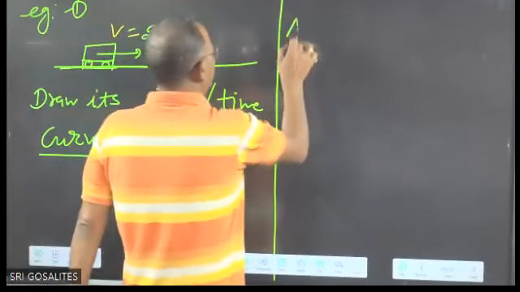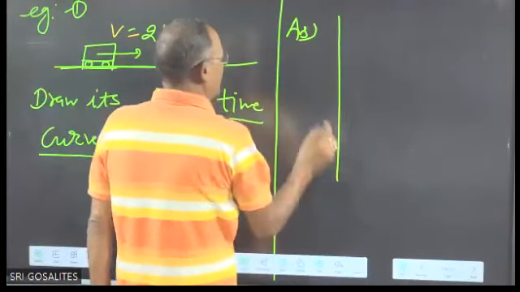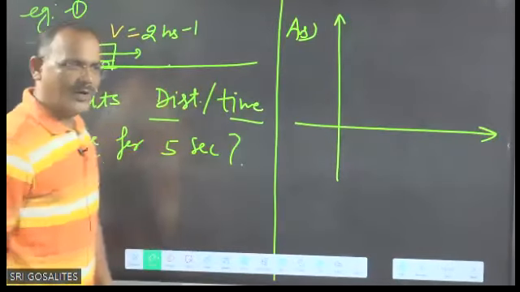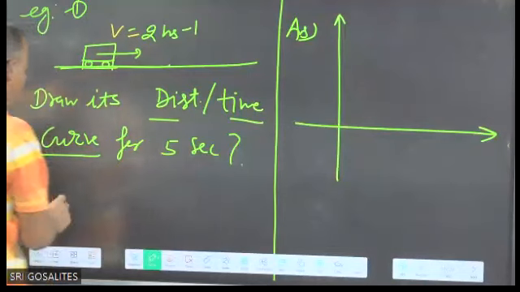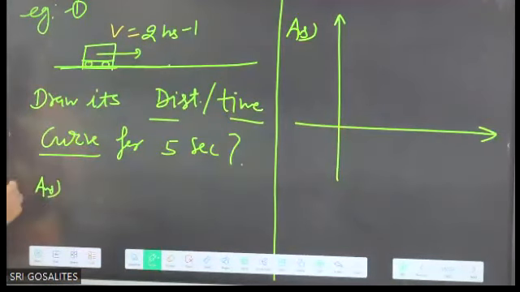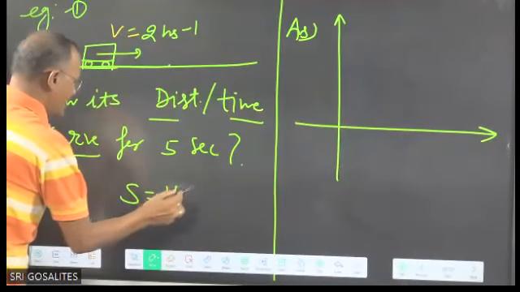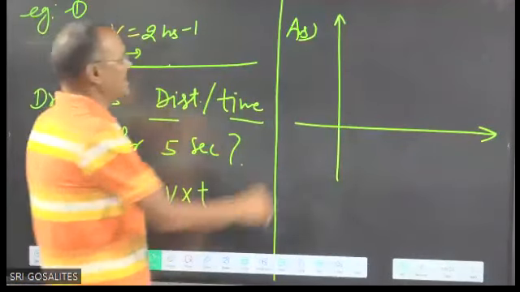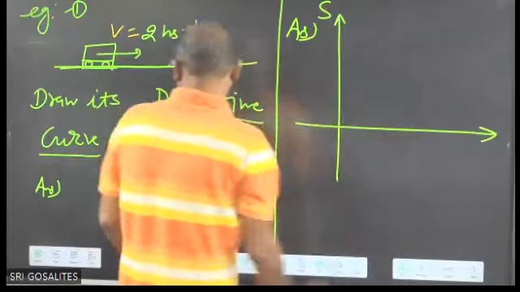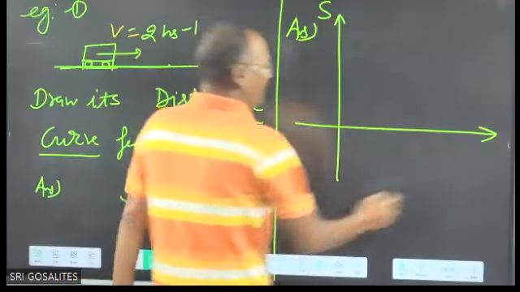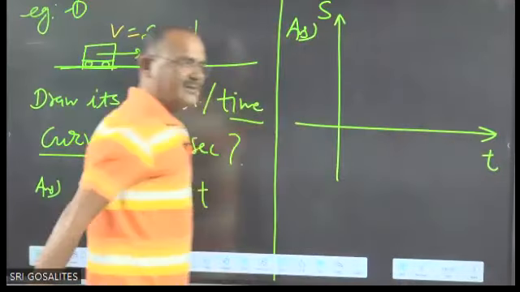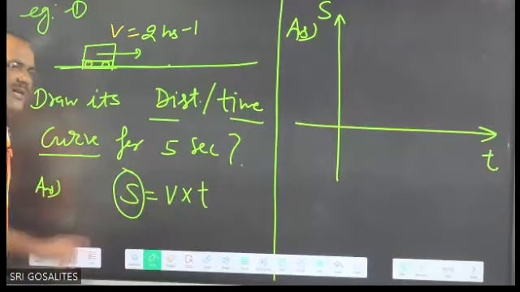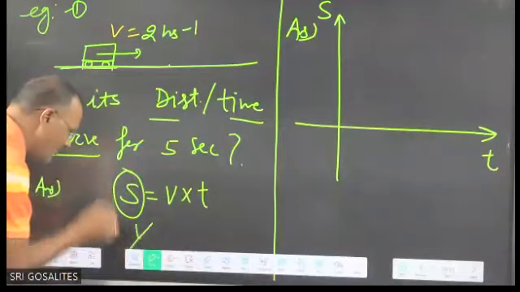So see, like we have the variable x and y. Here, you know one thing, bacho? What is the distance traveled by a body? Speed into time. Is this or not? If I take the distance on the y-axis and time on the x-axis, what are you seeing here?